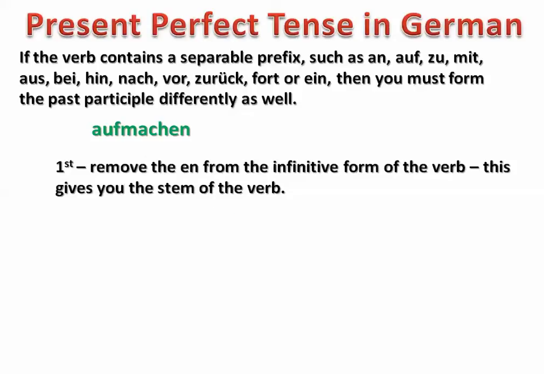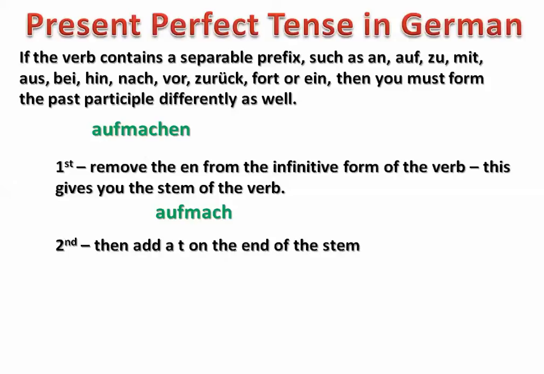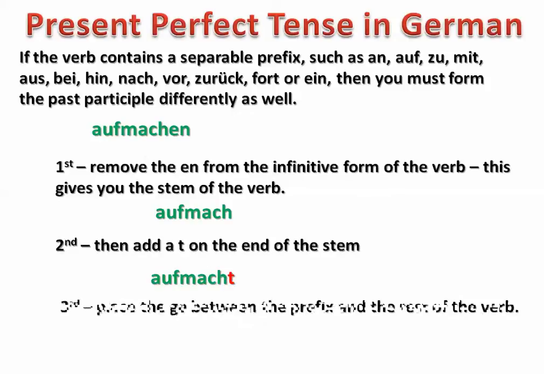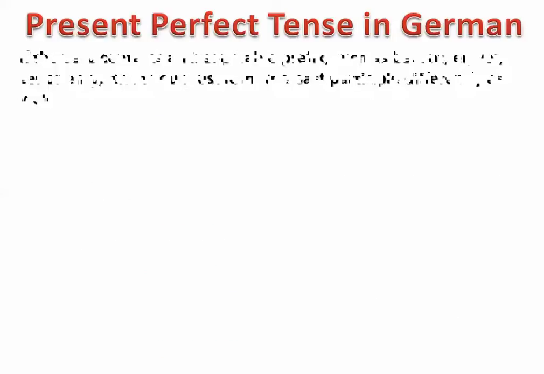So you're going to remove the en. We're going to get the root of the verb, aufmach. We're going to put the t on the end, aufmacht, and we're going to slip that ge between the separable prefix and the root of the actual main verb, which is machen. And we're going to get aufgemacht. So, ich habe die Tür aufgemacht. I've opened the door. Okay.